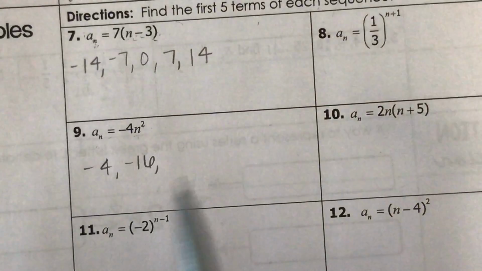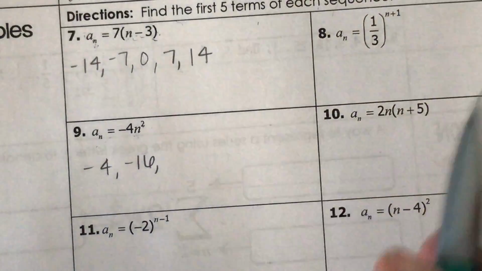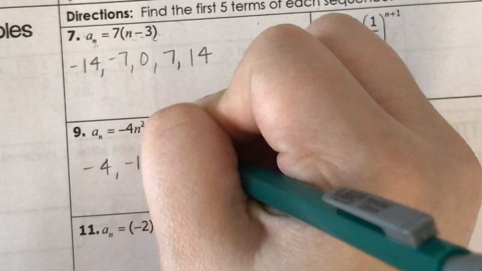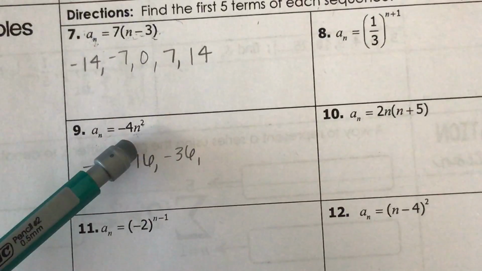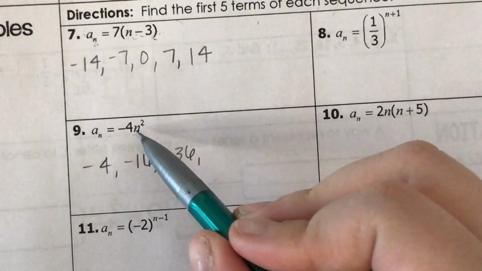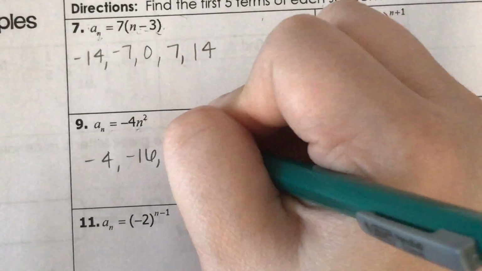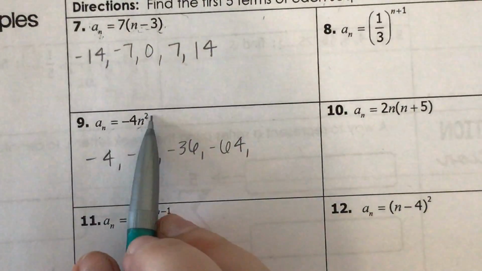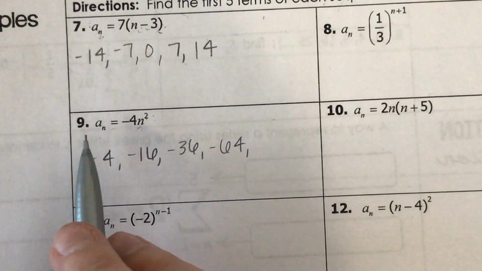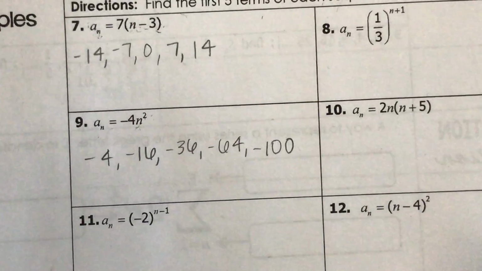If I want A sub 3, 3 squared is 9. 9 times negative 4 is negative 36. 4 squared is 16. Negative 4 times 16 is negative 64. And then finally 5 squared is 25 times negative 4 is negative 100. Okay, so it's not too bad.